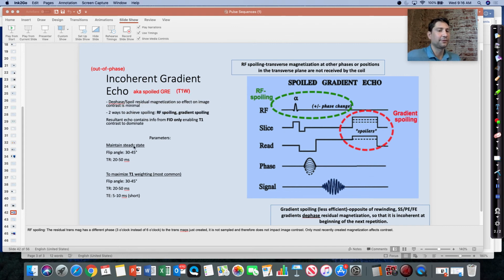So our parameters, we're going to maintain that steady state, so our flip angle and our TR are going to be the same. But now our TE is short compared to long because we want to maximize our T1 weighting.